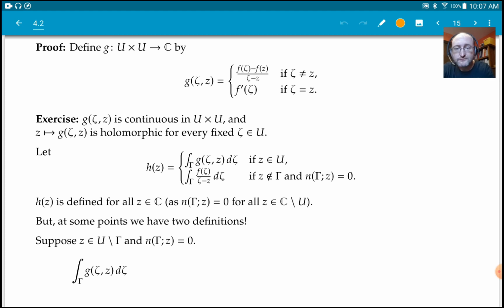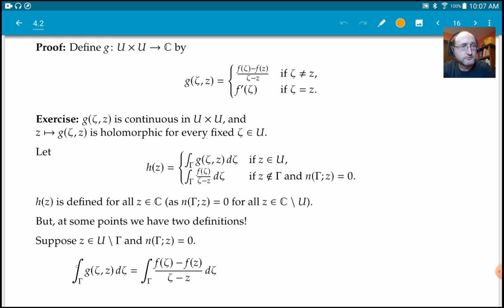All right. So let's see if these definitions are different, right? So on one hand, we have this definition over here, and we're trying to show that it's going to be equal to this definition. All right. So we write down what that g is, right?